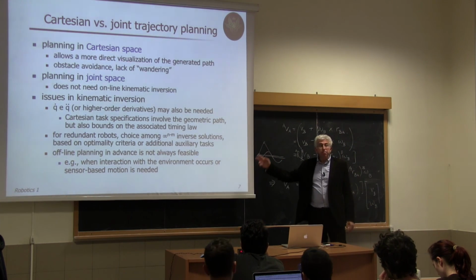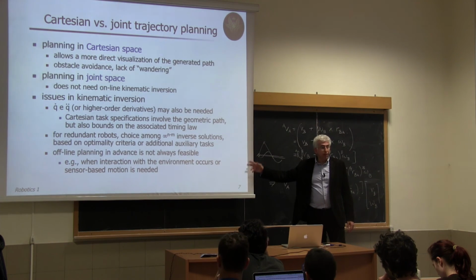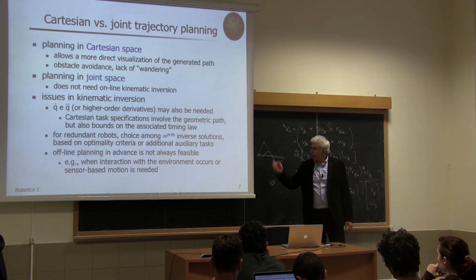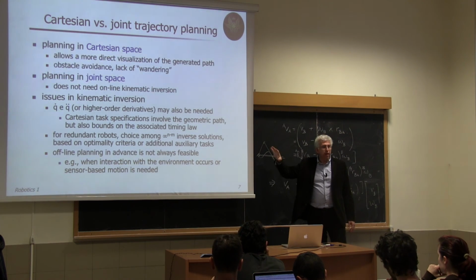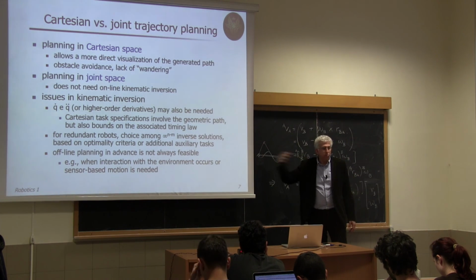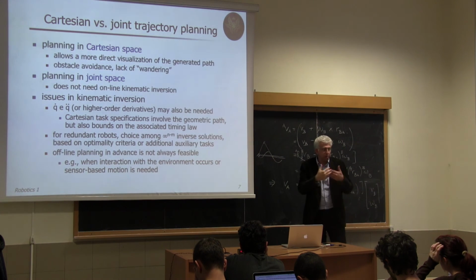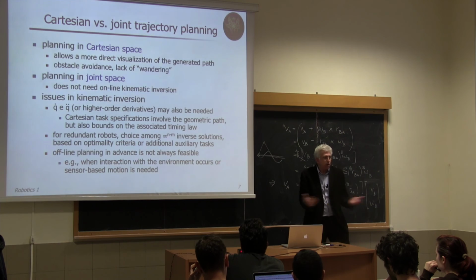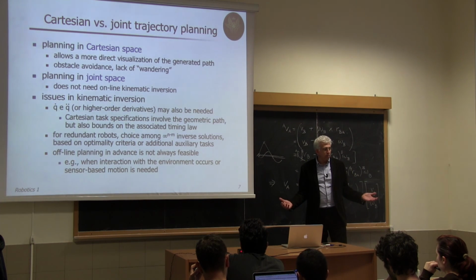Typical case, I have a robot moving like the one that you've seen in the demonstration in the lab, doing a task by itself, and then a human enters the workspace and you want to have coexistence. So the robot needs to change its motion depending on the distance between the robot and the human. So this is something that can be only computed in real time, because you cannot predict what the human will do.